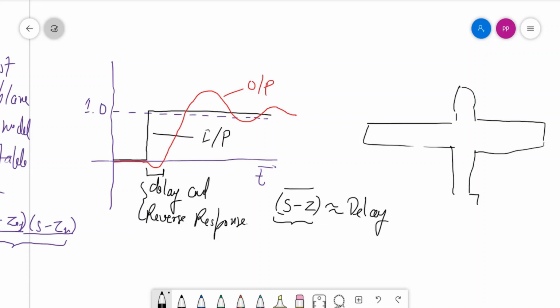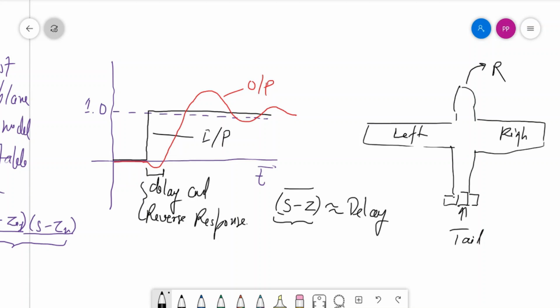These are the two wings, left and right wing, and this is the tail. So what happens when the aircraft is trying to take a right turn?